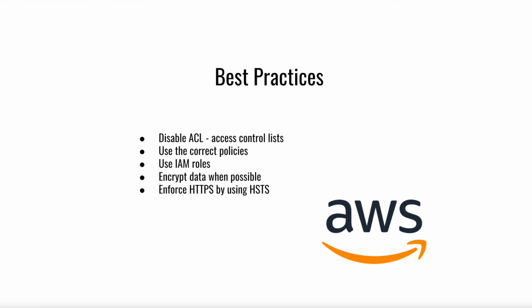It's also important to encrypt data when possible. Don't store credentials directly in the application or on an EC2 instance. Enforce HTTPS by using HSTS, which is a server header. For more information on these, you can refer to the link that is in the video.